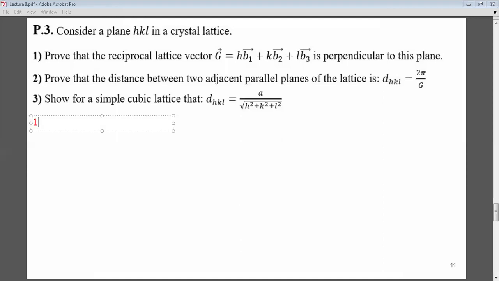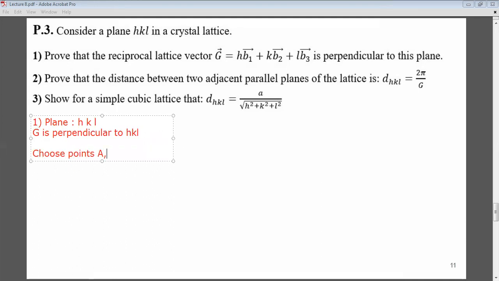Okay, so we have plane HKL, and we need to prove that vector G, which is HB1 plus KB2 plus LB3, is perpendicular to plane HKL.